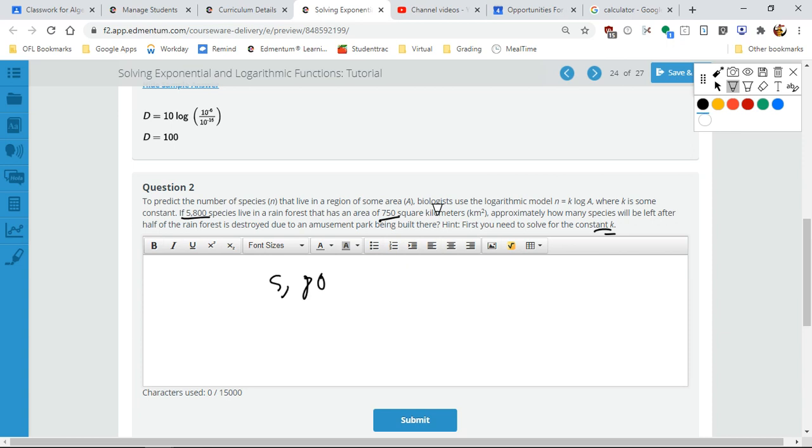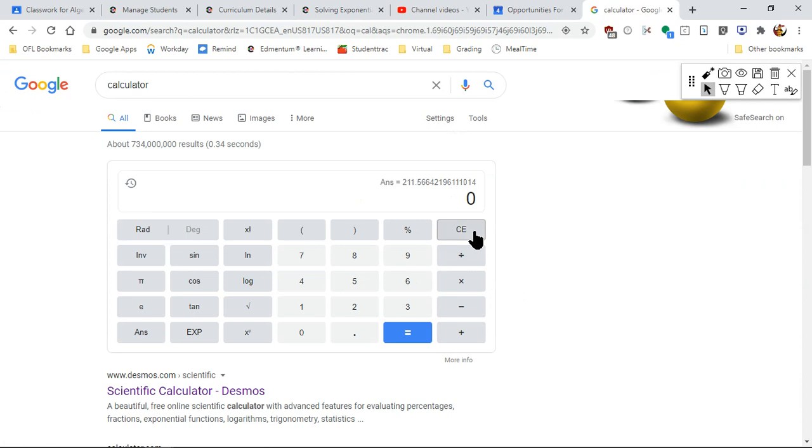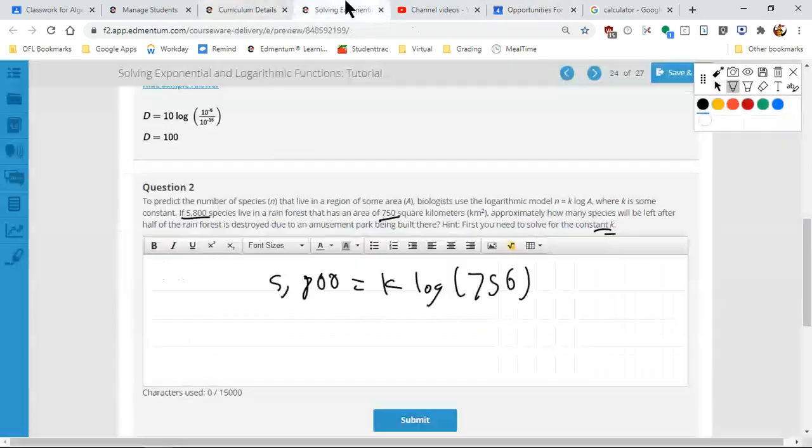So we have 5,800 equals K, which is what we're solving for, times log of A, which ends up being this area, 750. First we can figure out what the log of 750 is. Log of 750, we get 2.88. I'm going to round it to 2.88.